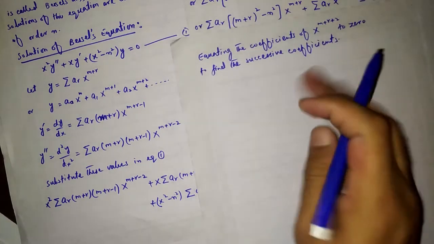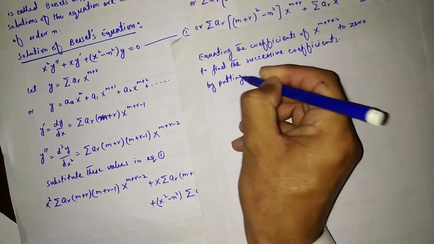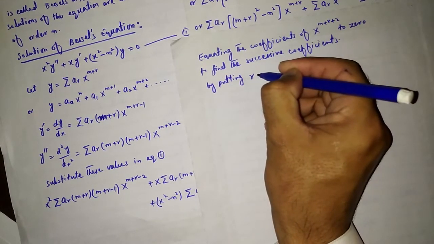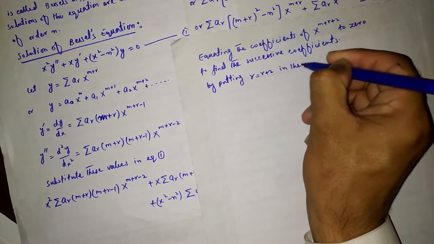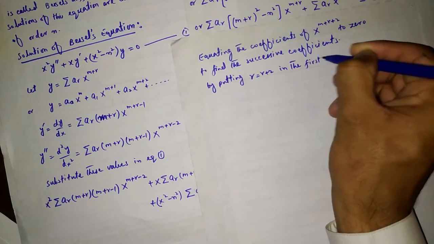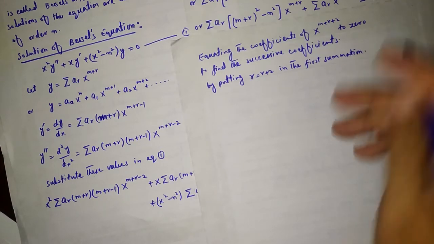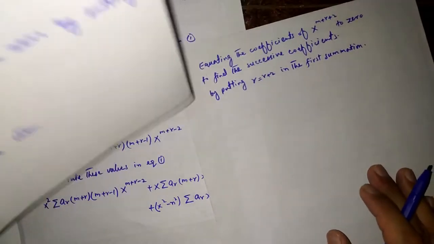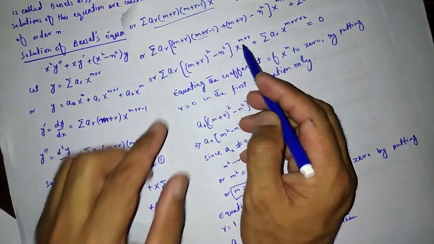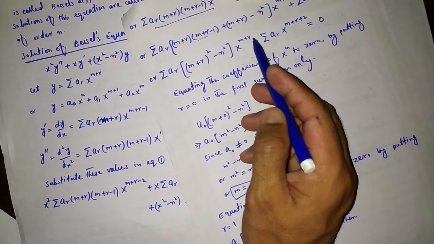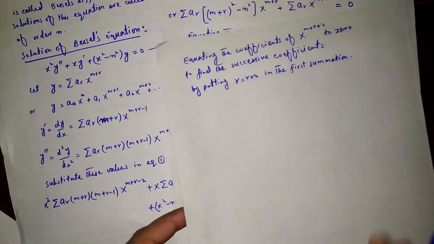This is only possible by putting r equals to r plus 2 in the first summation. If we put r is equal to r plus 2, we will get x to the power m plus r plus 2, and then equating the coefficient of x to the power m plus r plus 2 to 0.